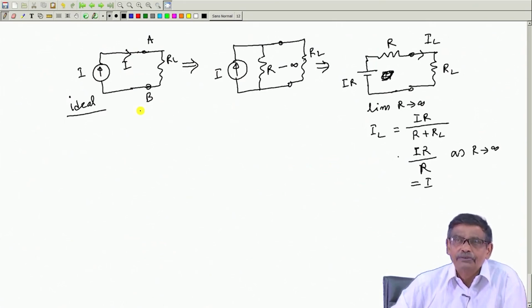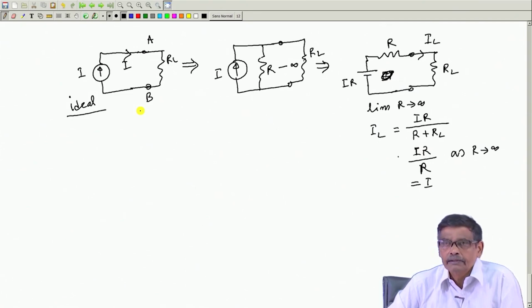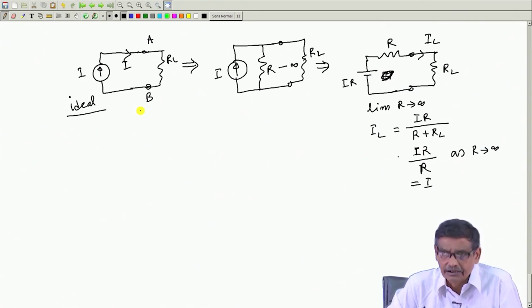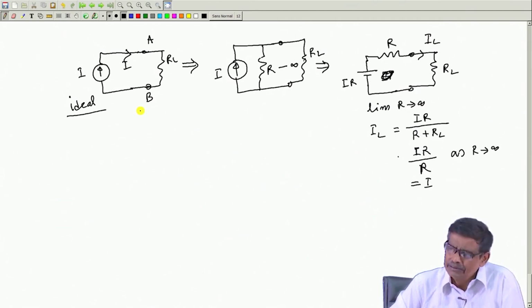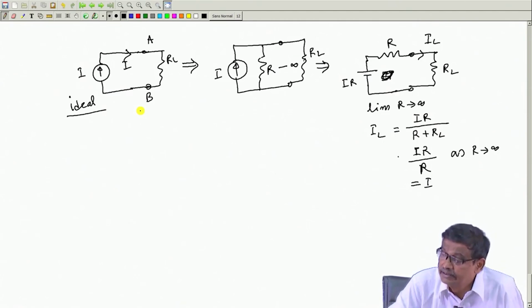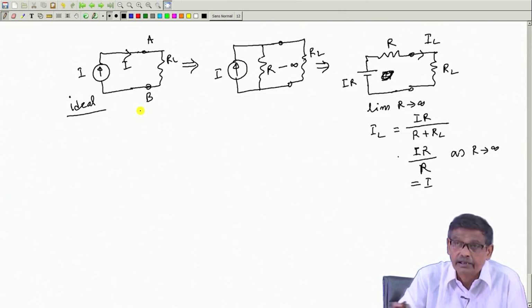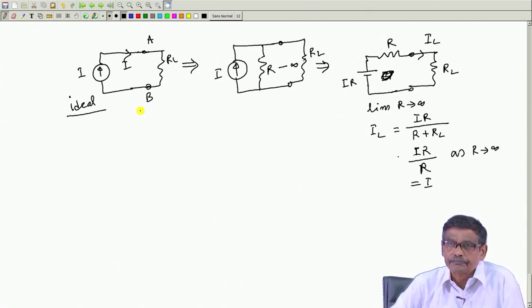But this point should be understood. Got the idea? Therefore, if it is disturbing you at all, then pretend that okay, an infinite resistance is connected, then do this and then find out the current, and at the end, whatever current you find out will be a function of this capital R, and capital R tends to infinity.